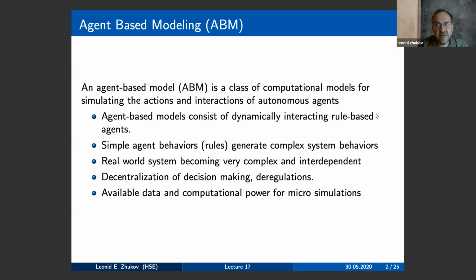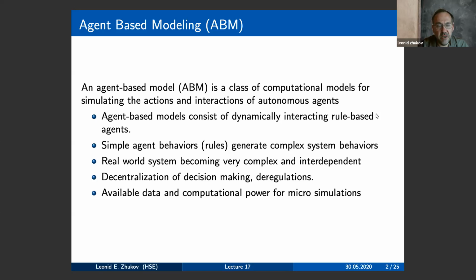And the reason for using those models is that today the real world is becoming very complex and interdependent. Very often, a lot of decisions are made in a decentralized and deregulated way, so it is very hard to model it from a centralized point of view.